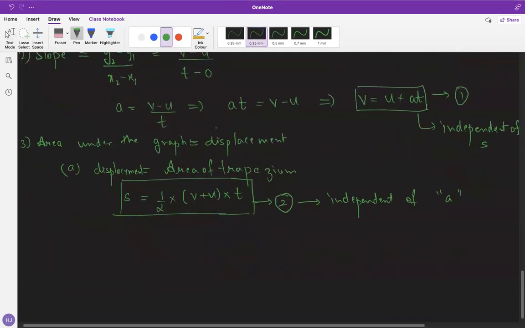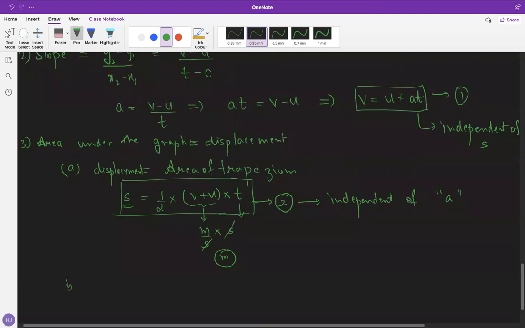Now, why was the area the same as displacement? Because what does v plus u mean? It is meters per second, into time, which has the unit seconds. If you cancel out, we are left with the unit only meter, which indicates that it's a unit of length, in this case displacement, because it's velocity into time.